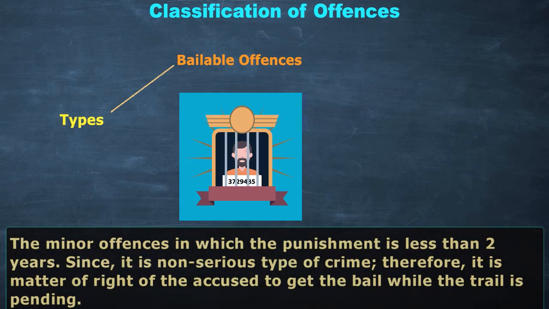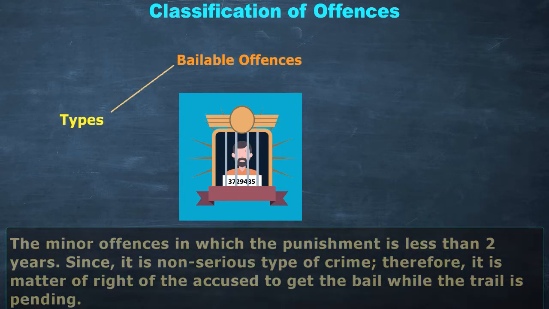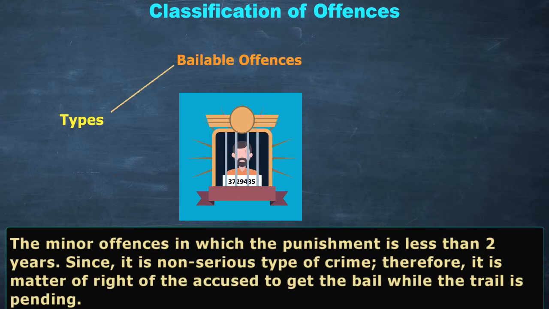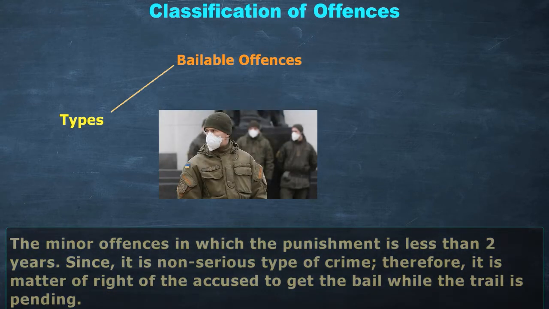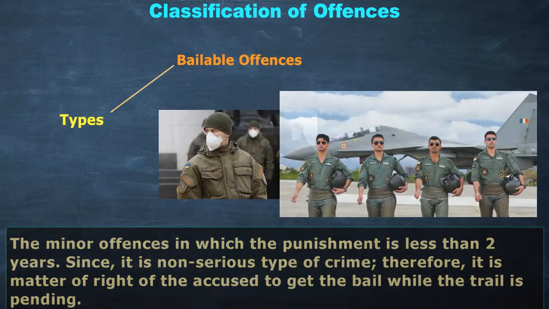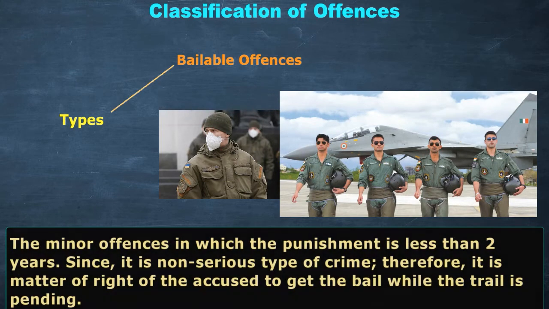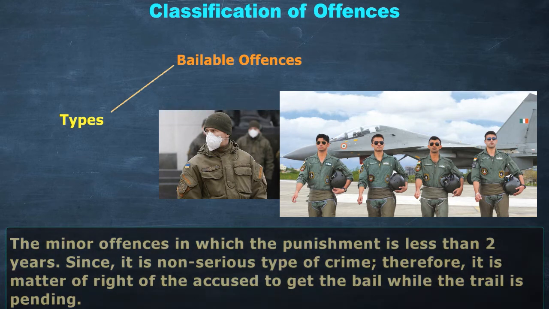Since it is a non-serious type of crime, it is a matter of right of the accused to get bail while the trial is pending. For example, wearing soldier's garb, sailor, airman, defined under section 140 of the Indian Penal Code, is a bailable offense.